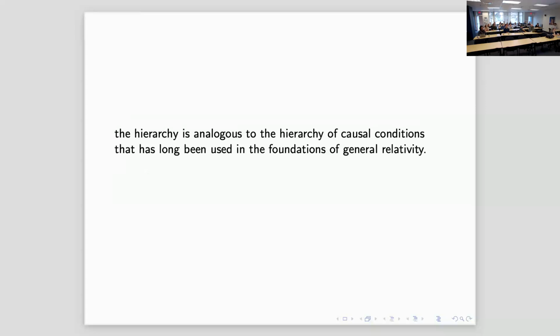So in this respect, the hierarchy is going to be analogous to the hierarchy of causal conditions that has long been used in the foundations of general relativity. And I'm going to highlight a few key ways in which this analogy is strong towards the end of the talk today.